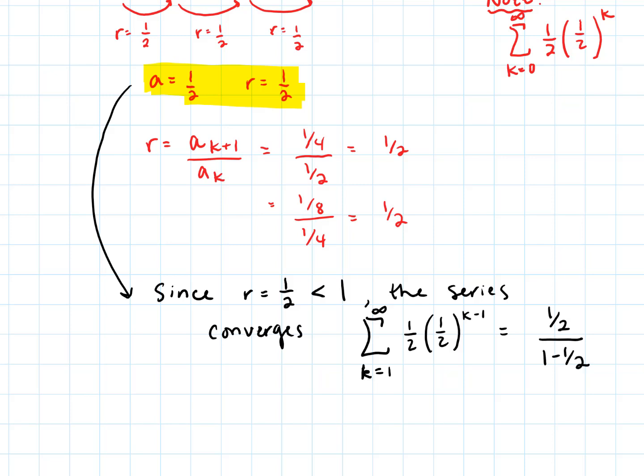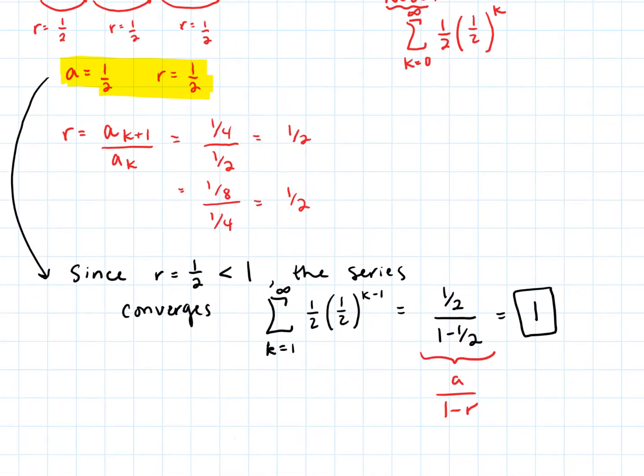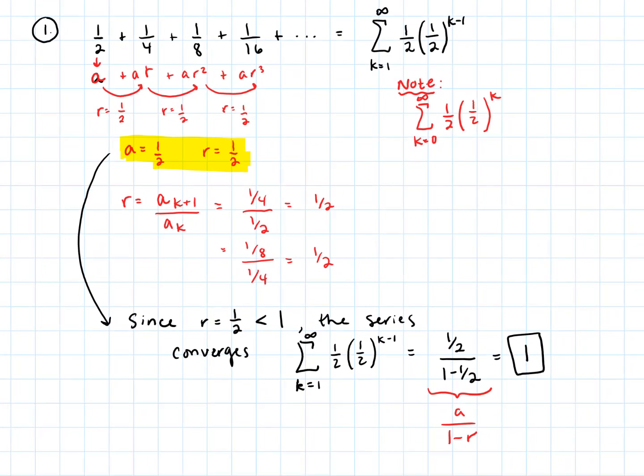We're using the formula a over 1 minus r. That's going to be 1/2 over 1/2, which is 1. So not only does it converge, but it converges to 1. So this geometric series converges to 1.